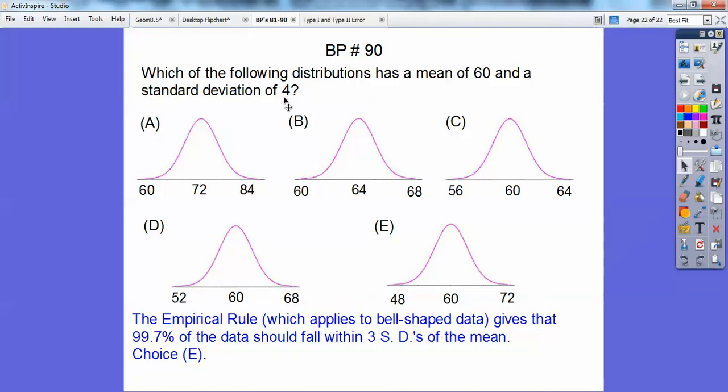If one standard deviation is 4, then 3 of them is 12, 12 to the left and 12 to the right. So it's going to be choice E, because if I go 12 down from here, that's only 8 on this one and only 8 on this one. The 99.7 empirical rule says 3 standard deviations are going to be this way and 3 standard deviations that way. So I get choice E.